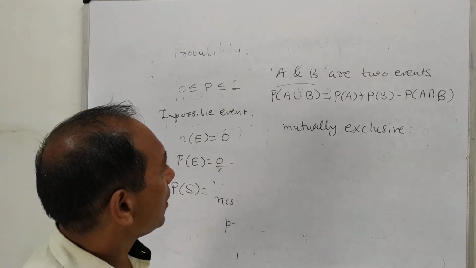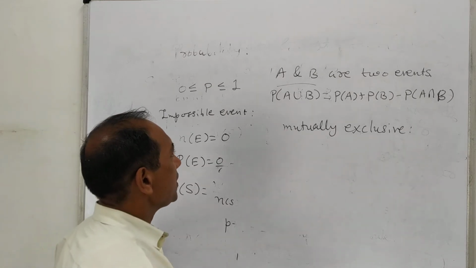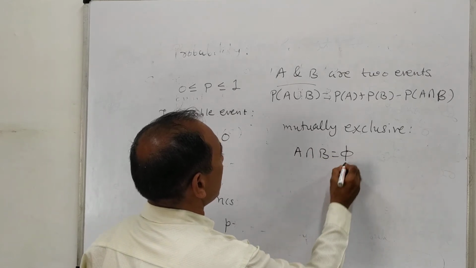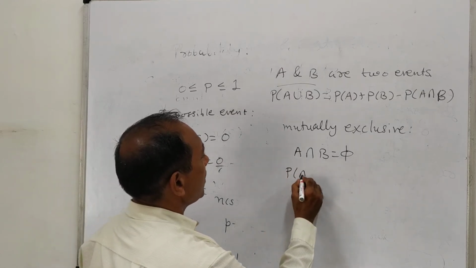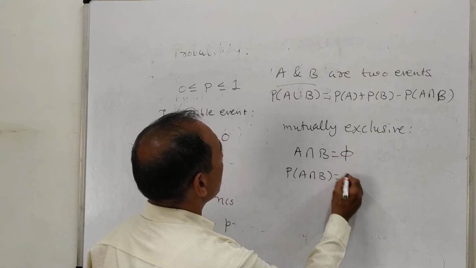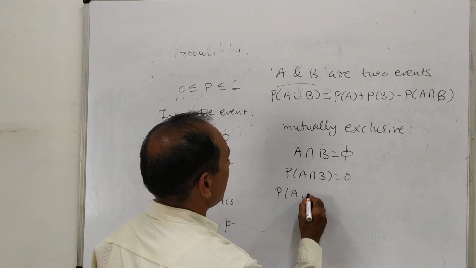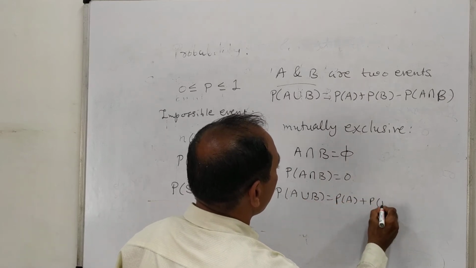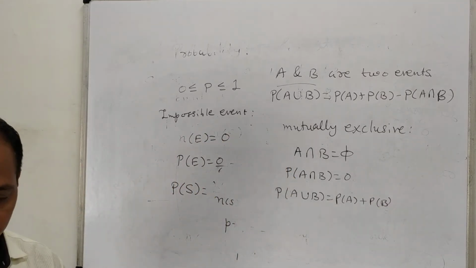That means we know that there is no element in common in this case between A and B. So A intersection B equal to phi. That means probability of A intersection B equal to 0. And therefore in this case when mutually exclusive events are there, then probability of A union B equal to PA plus PB. Okay? Have you understood? Okay.